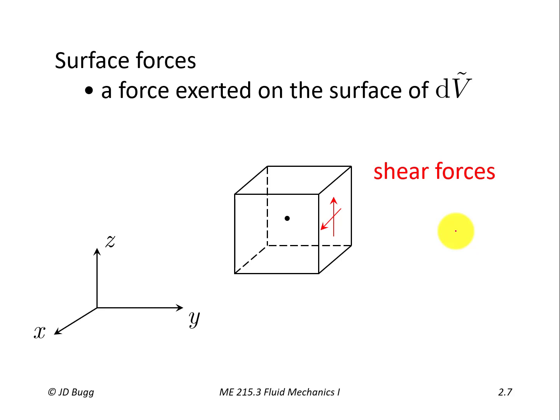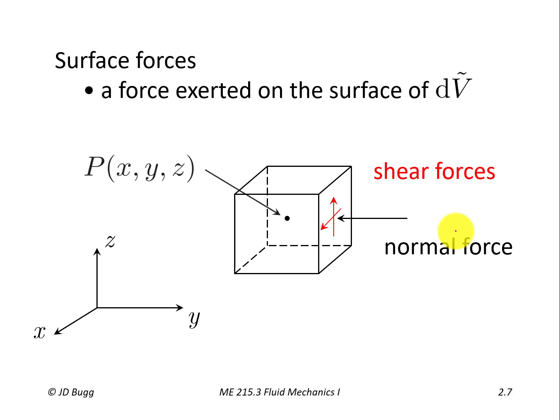Now the other thing that could be happening on this face is there could be a normal force. So the fluid outside of the cube could be pushing perpendicular to that surface. And in fact, in fluid statics, that's the force that is much more important, because that force is due to the pressure in the fluid. Remember, pressure is a compressive stress in a fluid, so it's a normal force on any surface that we want to focus on in the fluid.